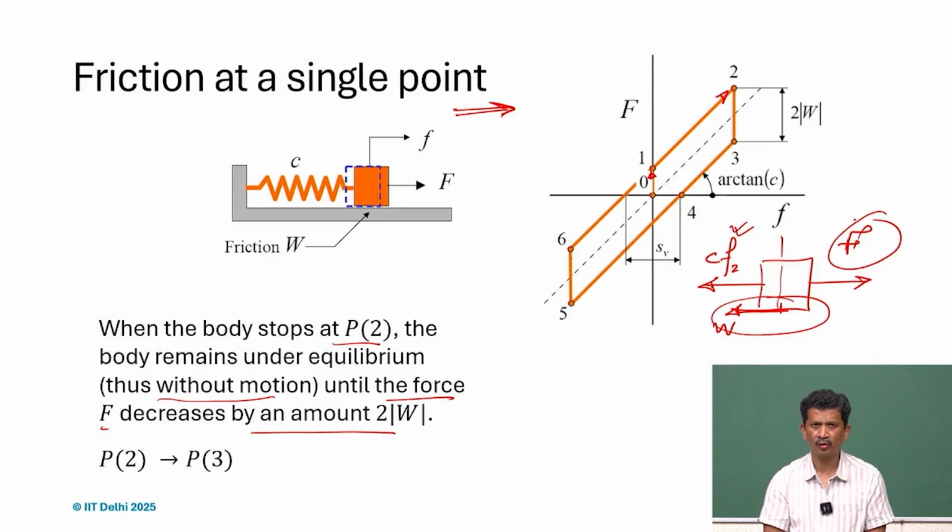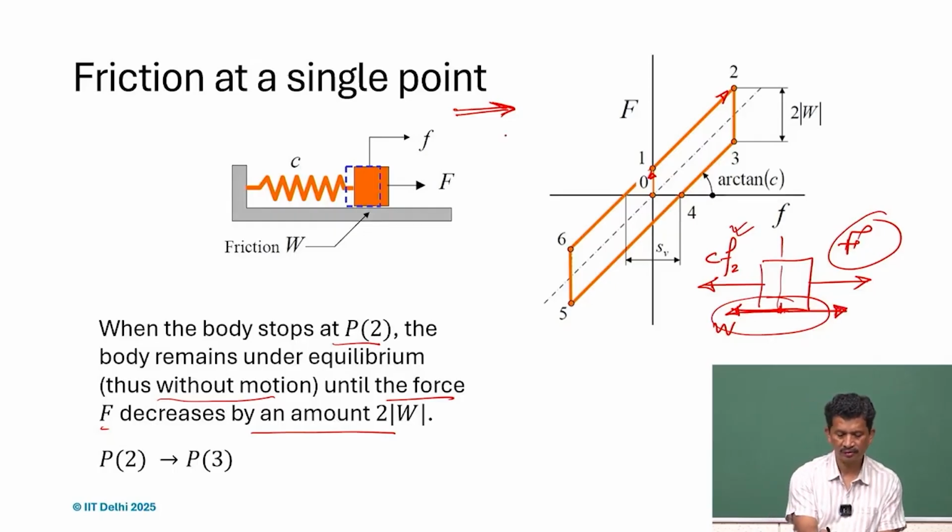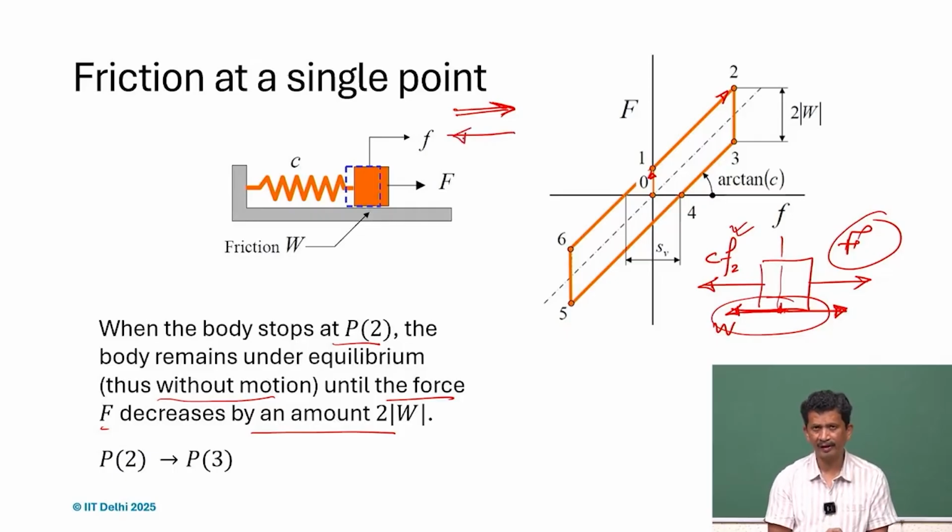F is no more constant and it will start reducing, come to 0, and then as it starts moving towards left, the direction changes.